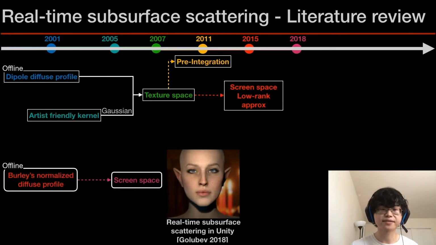In 2018, Golubev brought Burley's normalized diffuse profile into screen space in Unity and used the simple and physically correct diffuse mean free path parameter rather than dipole-based techniques. Due to the expense of brute-force monocolor sampling of the profile, pre-calculated sampling and pattern rotation is applied to avoid real-time sampling. However, it's still not fast enough for real-time applications.